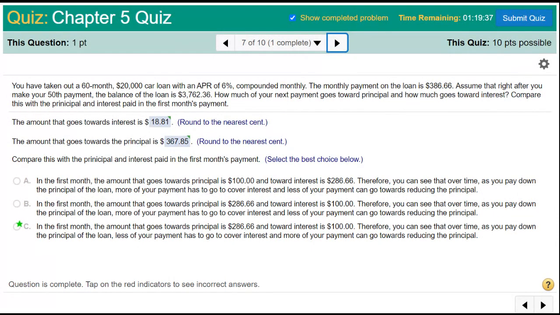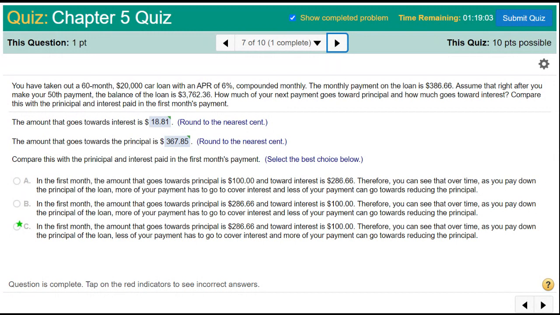So what you have to do is say 6 divided by 12. What is 6 divided by 12? 0.05.